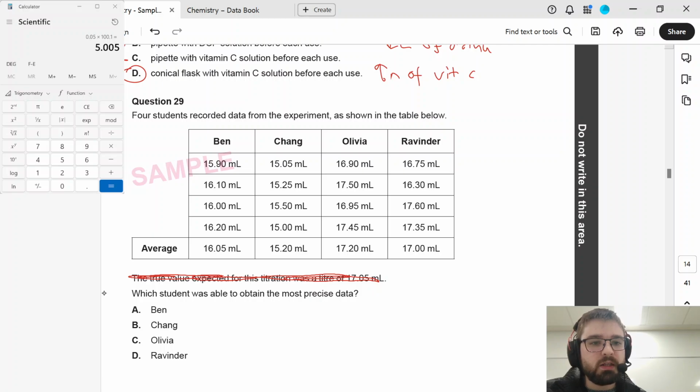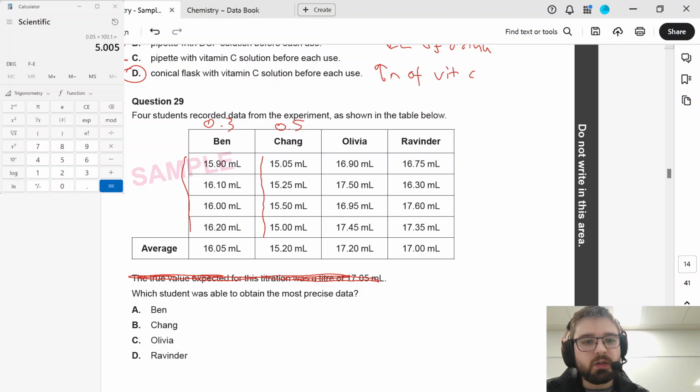So Ben is different by 0.1 each time. Chang. Let's just look at the range for now. The range on Ben's is 0.3. The range on Chang's is 0.5.